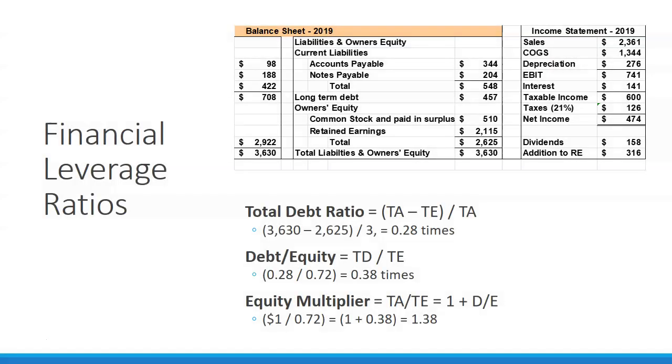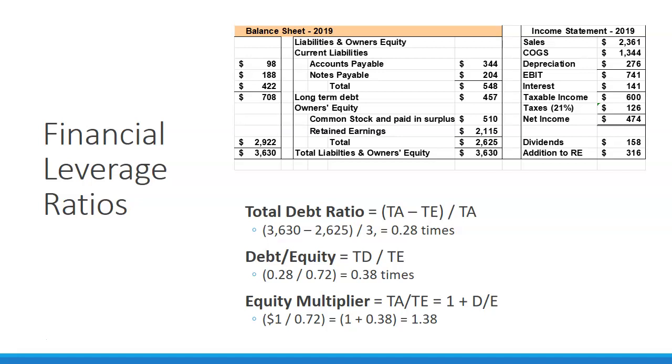The next ratios we talk about are financial leverage ratios, or our long-term debt ratio. How long-term financially solvent are we? How much debt do we have on hand compared to equity? And we're going to look at these ratios again in future chapters when we talk about the capital structure of our organization.